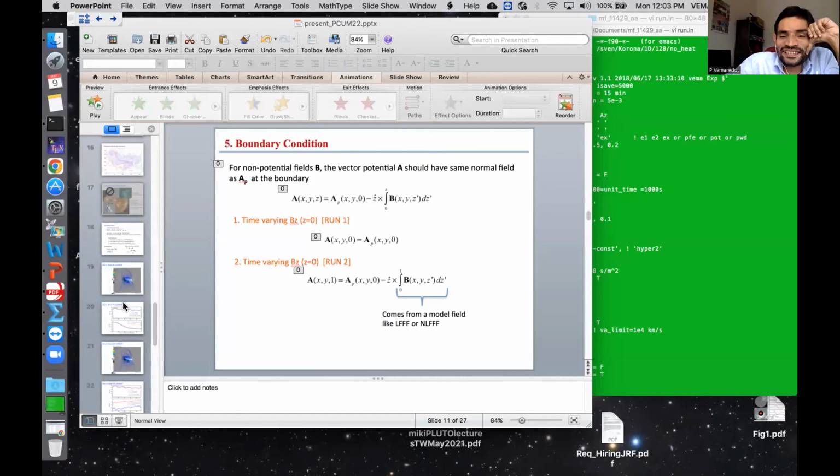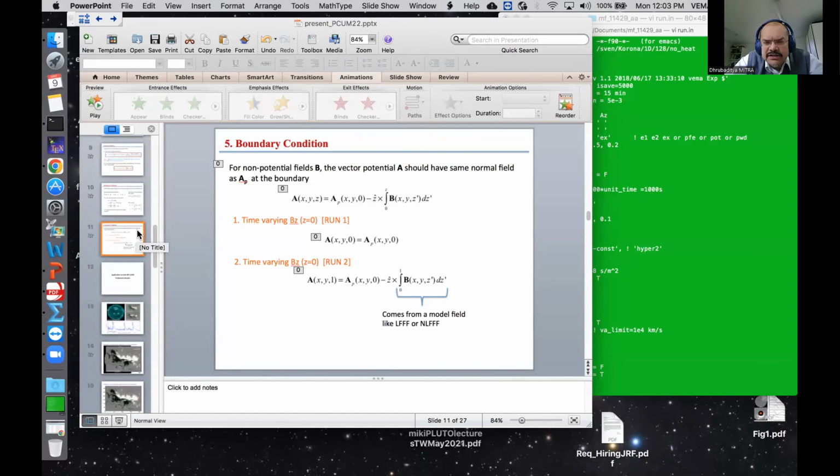Next question by Dhruva. Hi, this is Dhruva. My question is more about the fundamental nature of the work. You have an active region and you are trying to see how the field of the active region evolves, but your code works in a certain resolution. Your active region data is measured at a certain resolution.